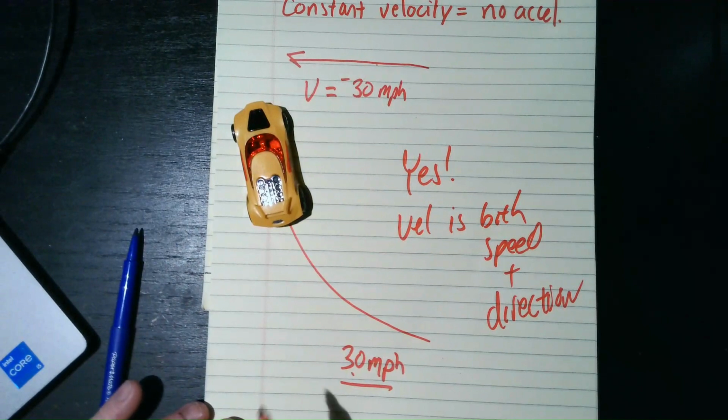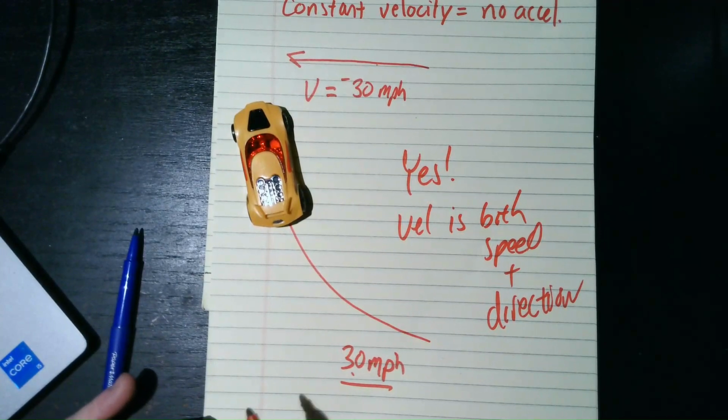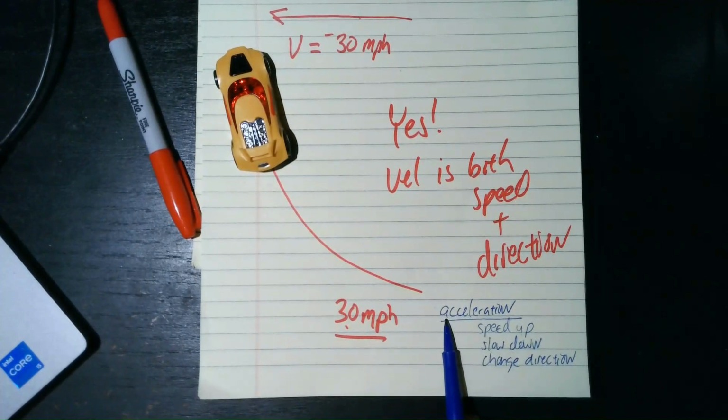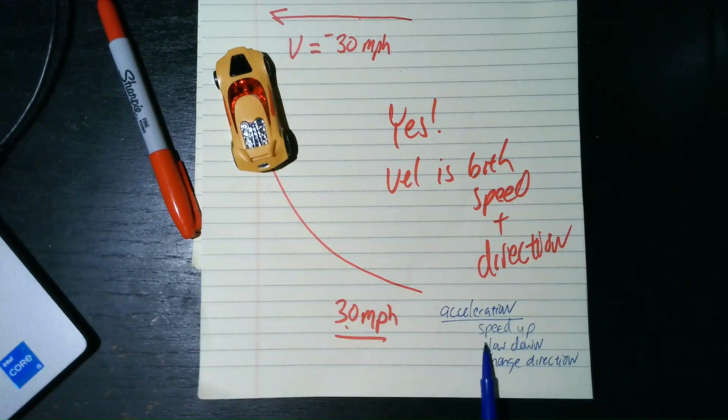Well, changing direction is changing velocity, and acceleration is defined as any change in velocity. So, therefore, an acceleration can be speeding up, slowing down, or changing direction. Once again, acceleration can be speeding up, slowing down, or changing direction.